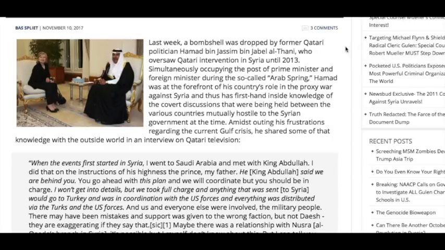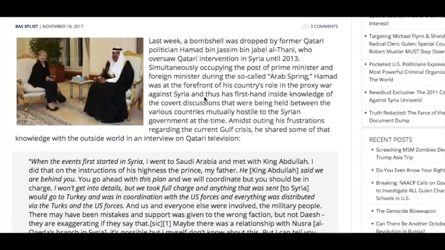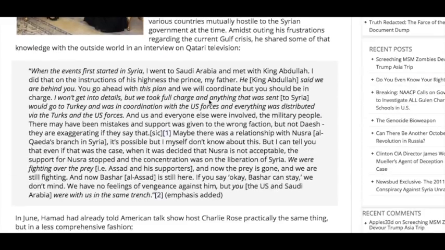Let's see, who's the first one here? Qatari politician Hamad bin Jassim bin Jaber Al Thani. Get a nickname, bro. On Qatari television, admitting, yes, we basically used all these jihadis because we wanted to get rid of Assad. Yeah, exactly.